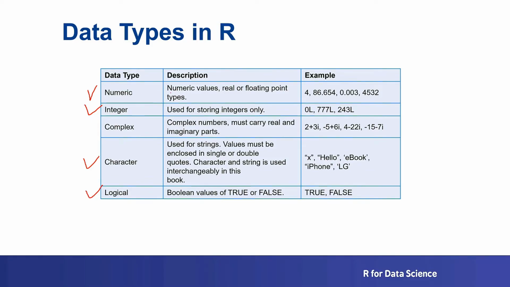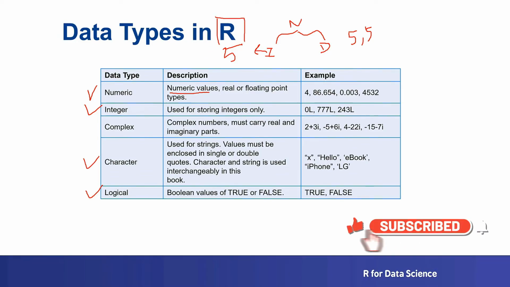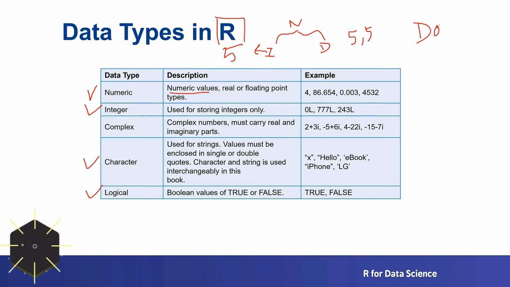So in numeric, as I said, we have integer, and then we have double, which is like 5.5, and integer is like, let's say, only 5. Now hear this out: by default in R, any number that you write or type is called double.